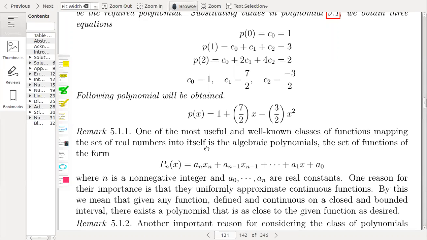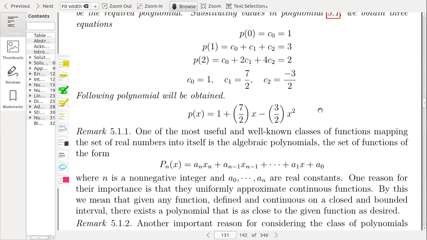So again, observe that one of the most useful and well-known classes of functions is a class which can map real numbers into itself. It means the domain of these functions is real and the range is real.